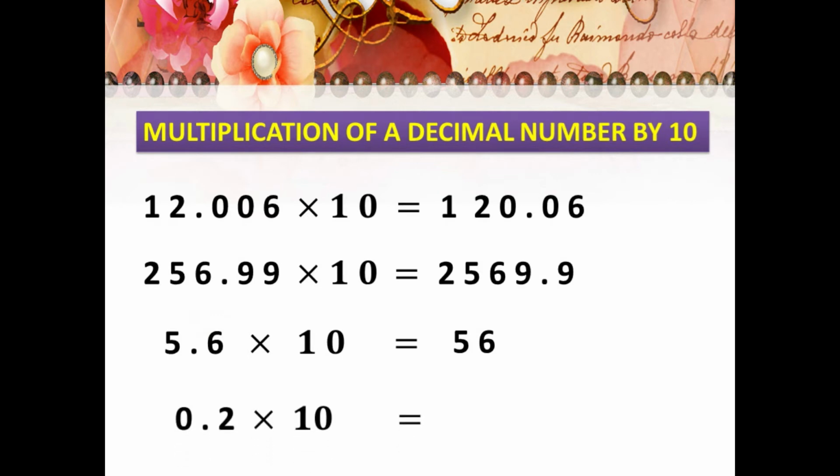Next question is 0.2 into 10. Decimal number multiplied by 10. So, the decimal point moves one place to the right. If the decimal point moves to the right end of the given number, no need to show that. You can leave it.